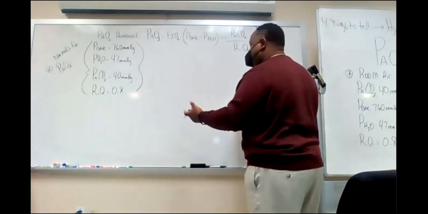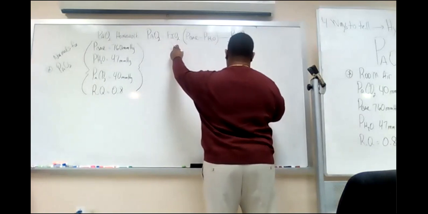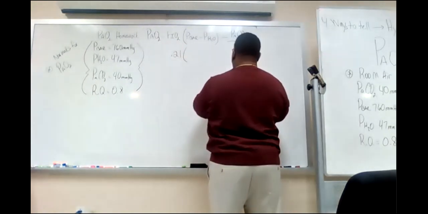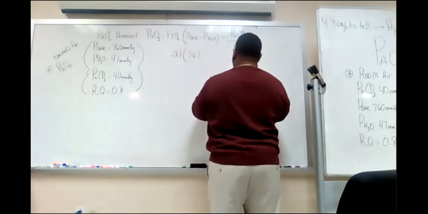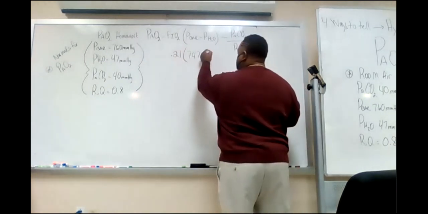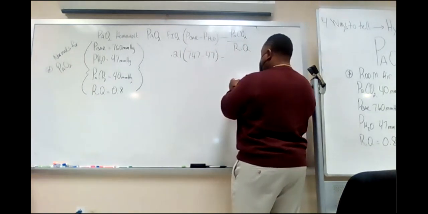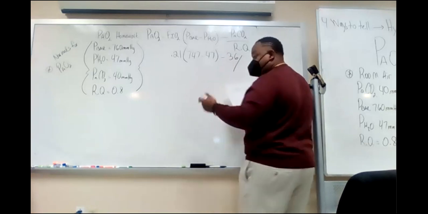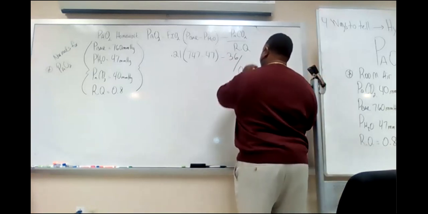So I just use what they give me. All right, so PAO2 is, FiO2 is 0.21 times the P bar is 747. They didn't give me the pressure of water, so I use the normal, which is 47, minus the PaCO2, okay, is 36, divided by, they don't give you the RQ, so you use 0.8.